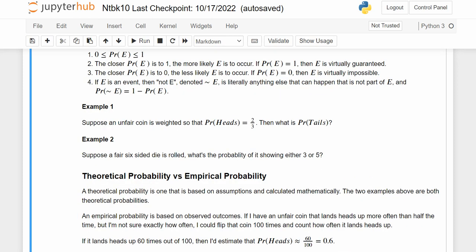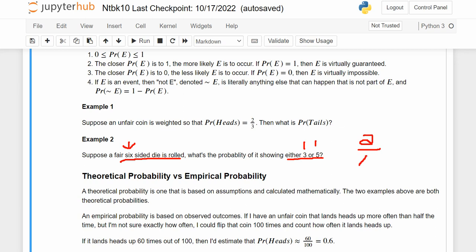In our second example, we're doing the theoretical probabilities here. Suppose a fair 6-sided die is rolled. What's the probability of it showing either a 3 or 5? Well, there are 6 things it could show, and there are 2 things that we're concerned with. So the probability is 2 over 6.